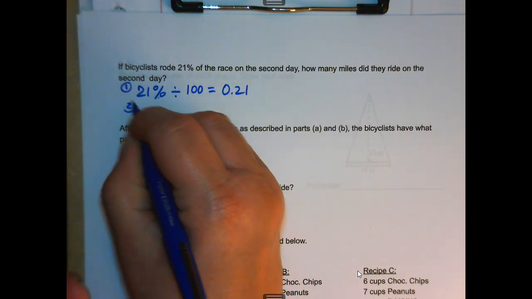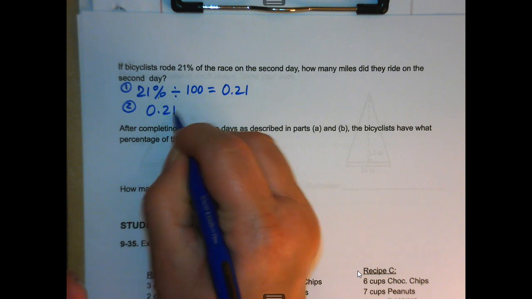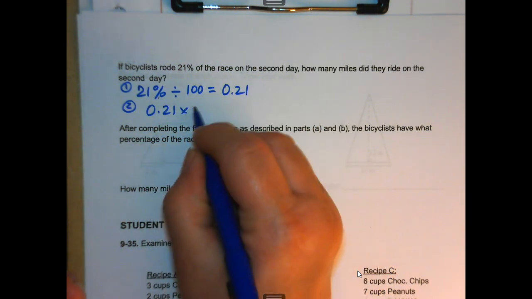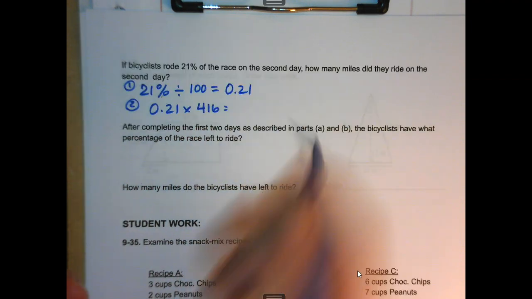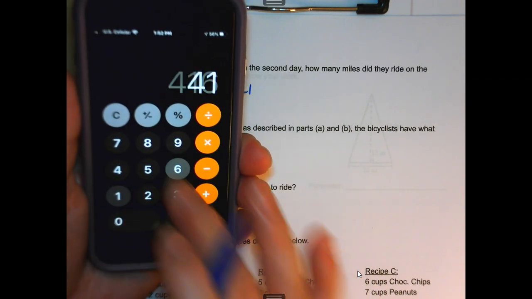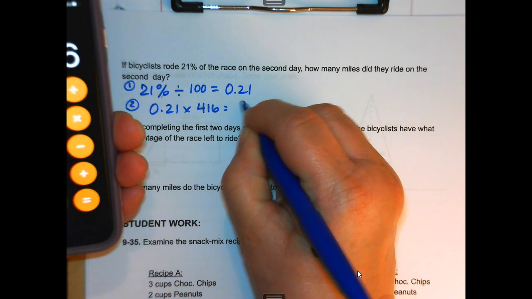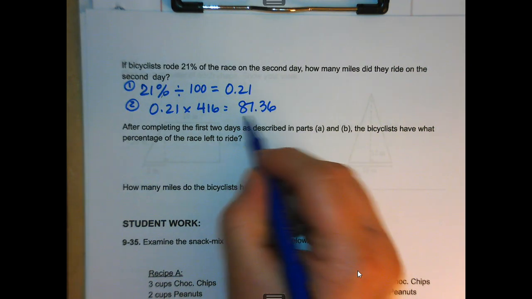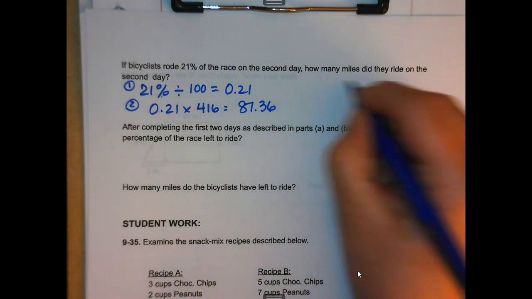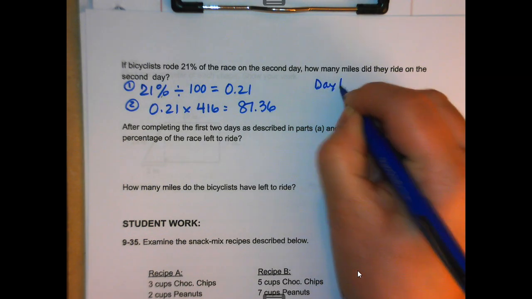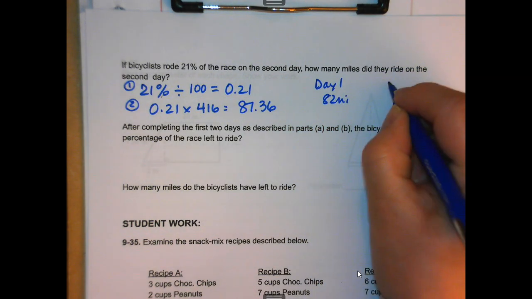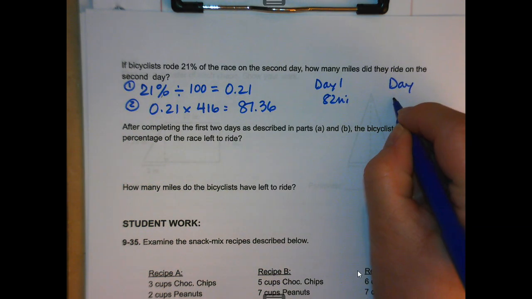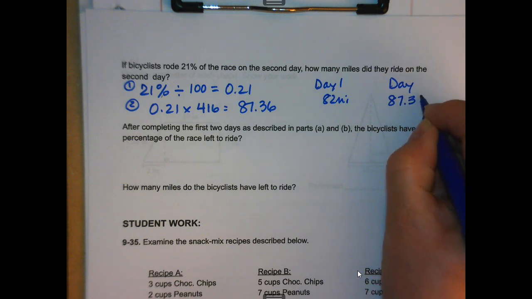And then our second step is to take that decimal multiplied by 416. And we know that this is probably pretty accurate because our day 1 was 82 miles. Day 2 was a little bit more percentage, and it seems like that would be a good comparison.